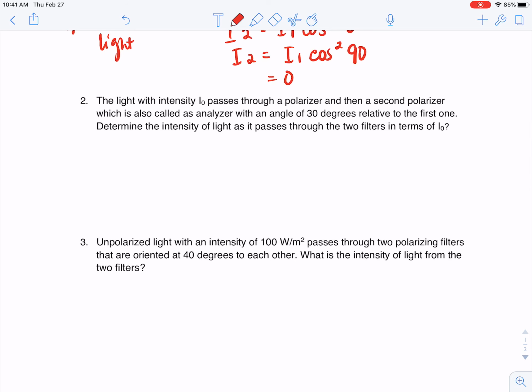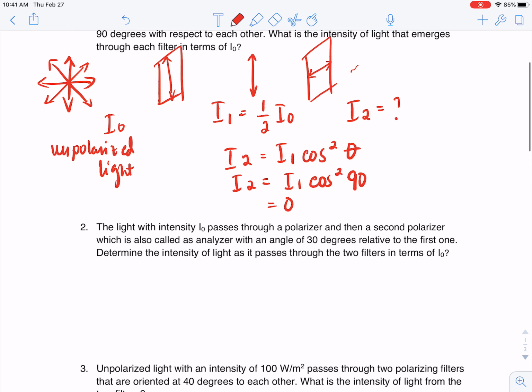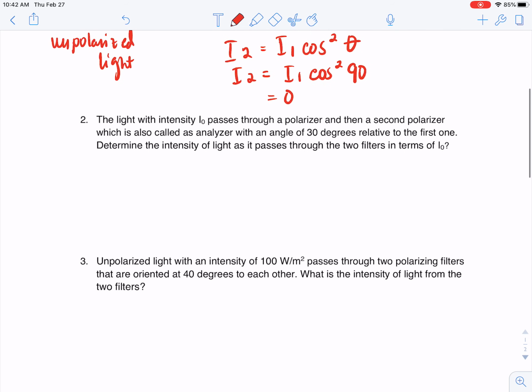So it's the same as before. We have unpolarized light. We have I sub 1, which is 1/2 I sub 0, and what is going to be I sub 2? I sub 2 is equal to I sub 1 cosine squared theta, and we know that I sub 1 is also equal to 1/2 I sub 0.